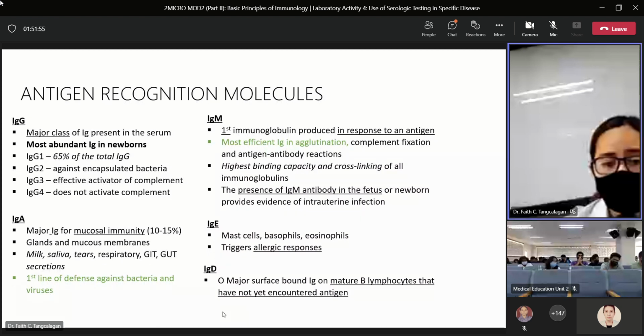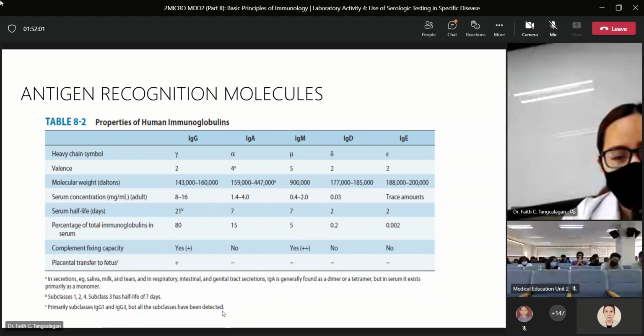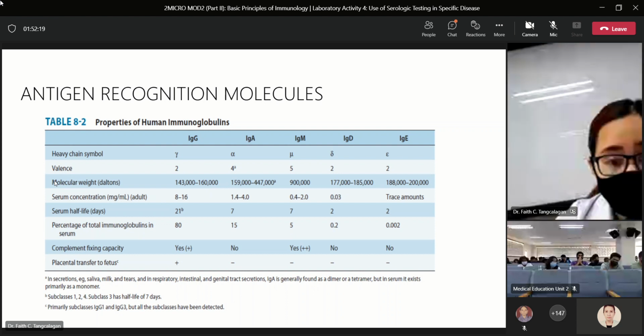immunoglobulins. So this table from Javas summarizes the characteristics of each of these immunoglobulins. These are the heavy chain symbols of your immunoglobulins. For the molecular weight, the heaviest is your IgE.